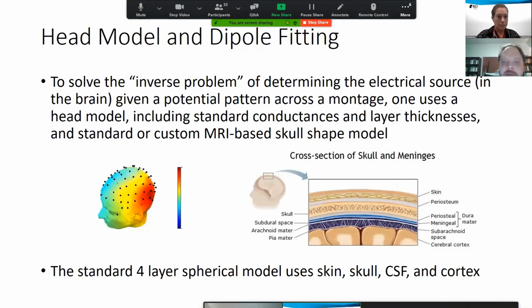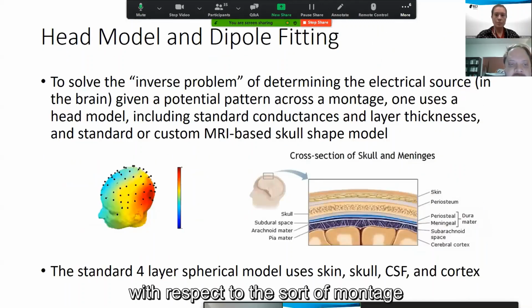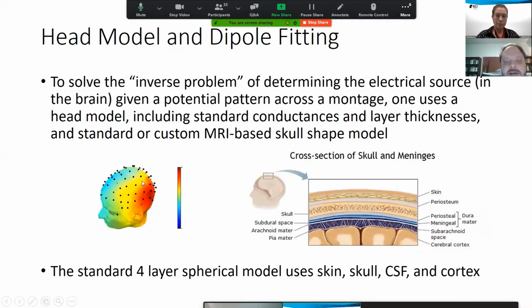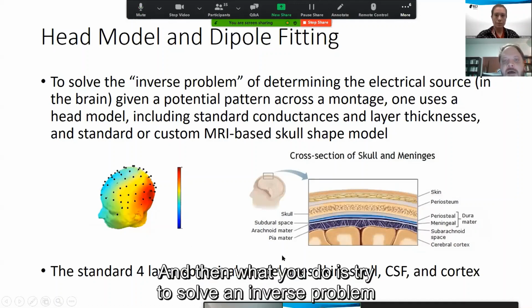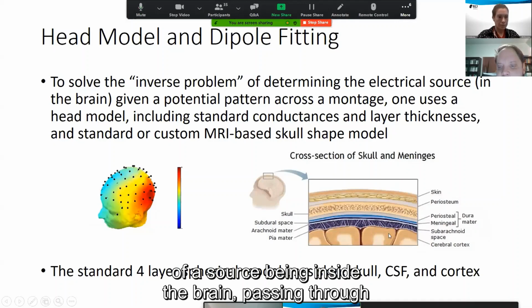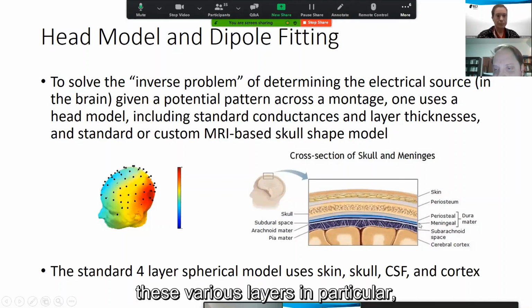Another thing that comes up with respect to the montage is that in EEG you get a pattern on the electrodes, and then what you do is try to solve an inverse problem of a source being inside the brain, passing through these various layers.